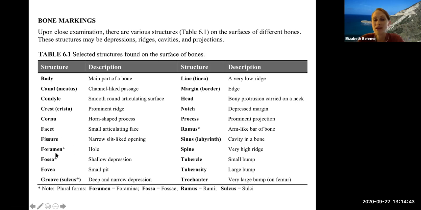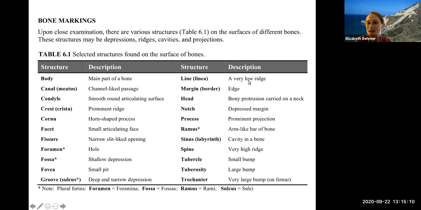In the skull bones, we'll see lots of foramina, and a foramen just means hole. These holes will be named differently depending on what goes through them. A fovea means a small pit. A fossa means a shallow depression. A groove or sulcus is a deep and narrow depression.